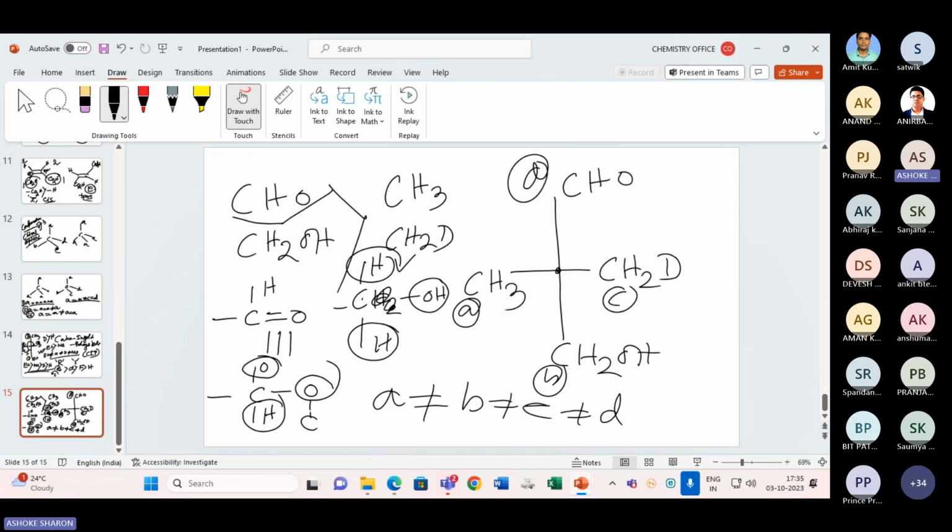Next, if you consider the methyl and the deuterium one, two hydrogens are there, but here deuterium is there. So this is the priority.